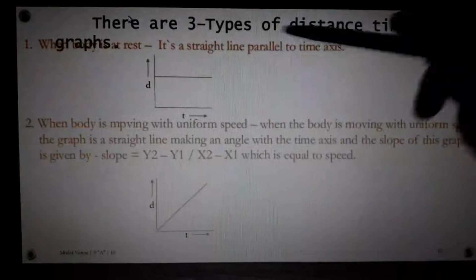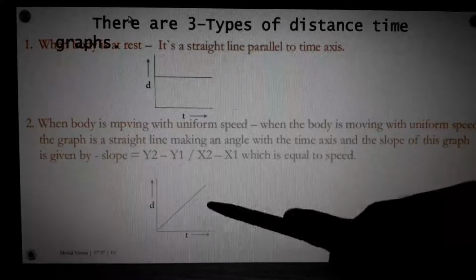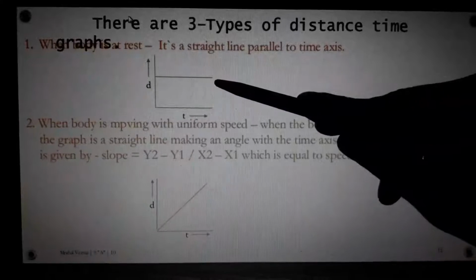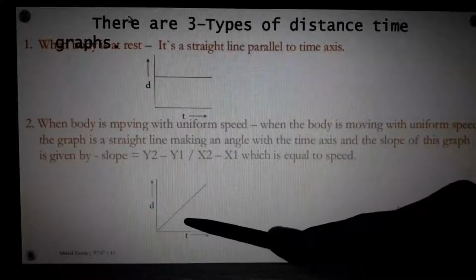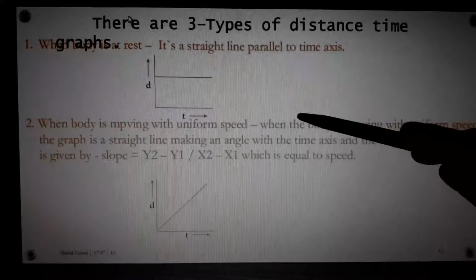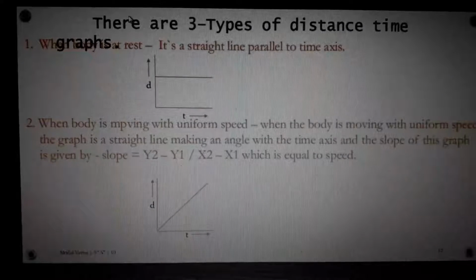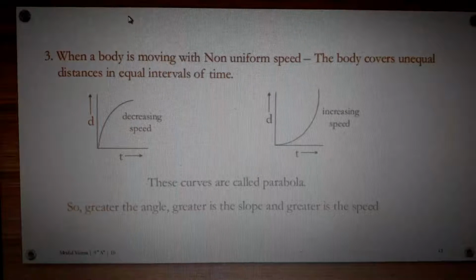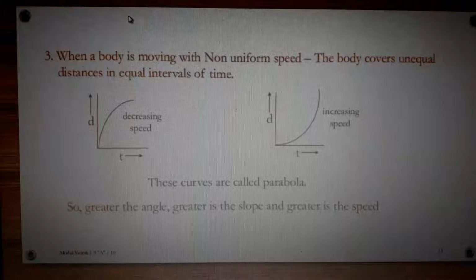Is this understandable or not? Uniform motion, uniform speed, or at rest? At rest, parallel. Uniform speed, it will be straight line. Okay. One more condition is there. Non-uniform speed. Non-uniform speed may be 2. Negative acceleration or positive acceleration. That means speed will be decreased, or speed can be increased.